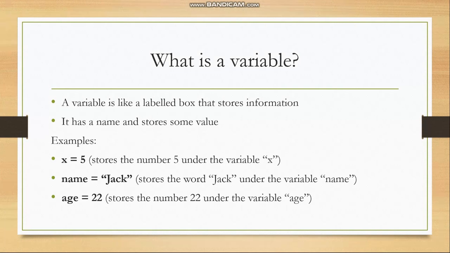But it's not just numbers it can store, it can also store words like Jack. And the variable doesn't have to be a single letter, it can be anything. It could be something like name or age, and you can really just store anything in it. As you can see here, we're storing the name Jack under the variable name and 22 under the variable age. So we can store stuff like that.